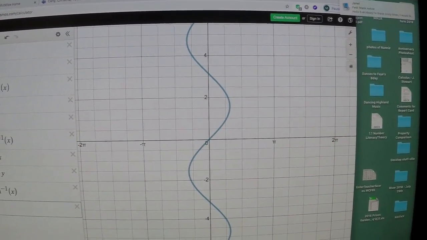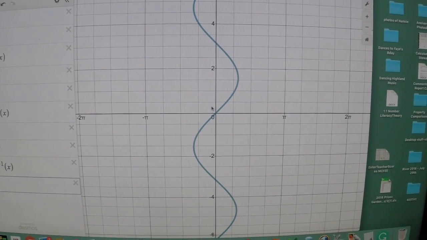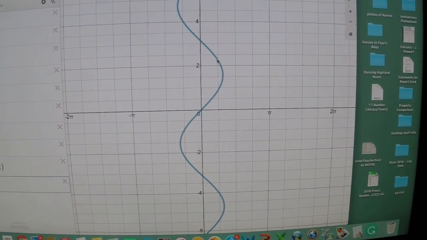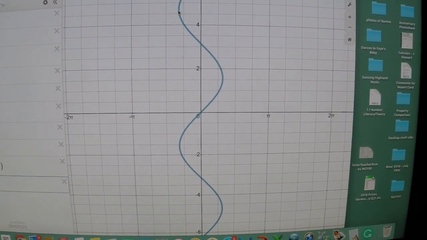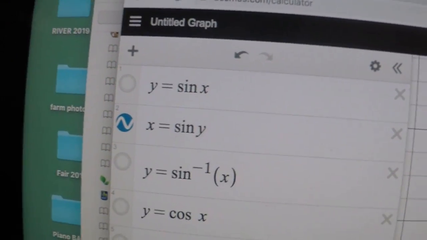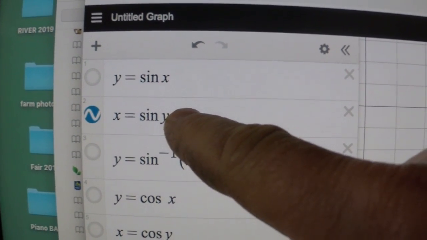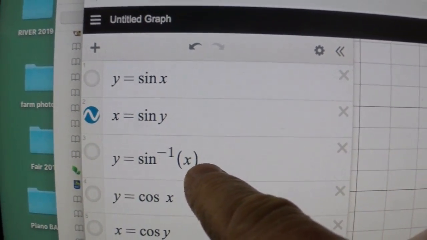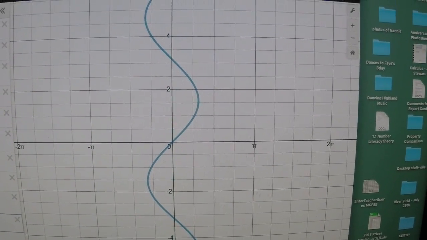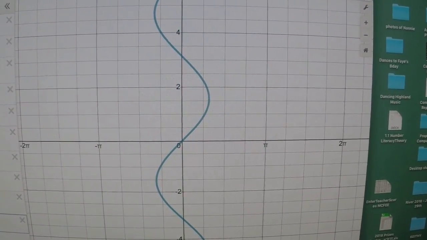So what they decided to do was to make this a function. They decided to keep as much of the relation as they could to make it a function. Here's the true inverse relation. This is the inverse function. And when I click on this, here's the part. I don't know if you can see that color.